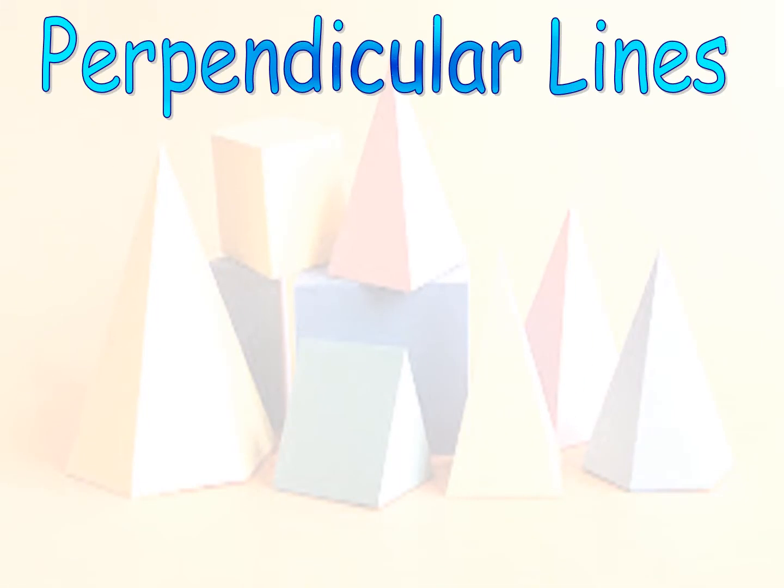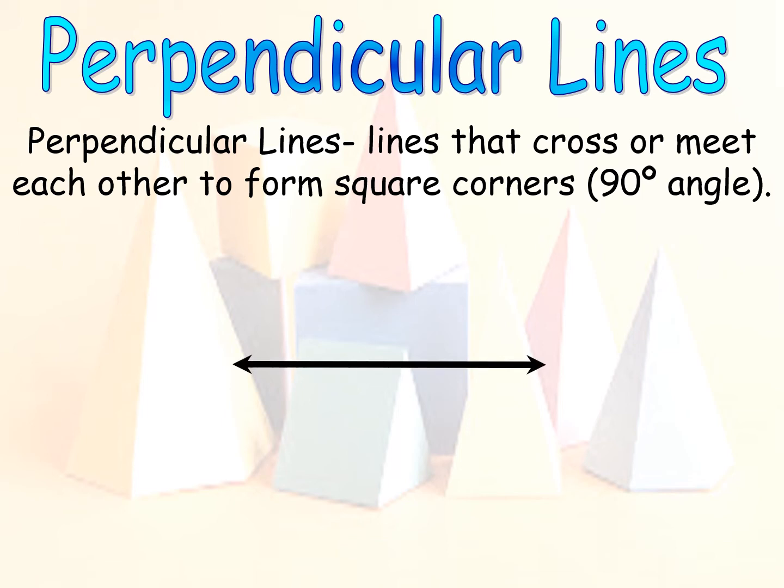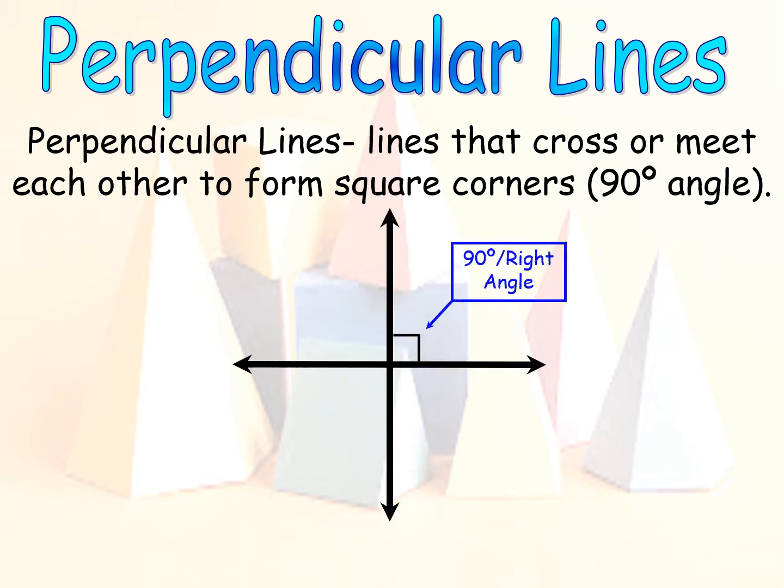Now let us have the last one, the perpendicular lines. Perpendicular lines are lines that cross or meet each other to form square corners which measures 90 degrees. So if we have this line and another line and they form a square or a 90-degree angle or a right angle, so therefore they are perpendicular lines.